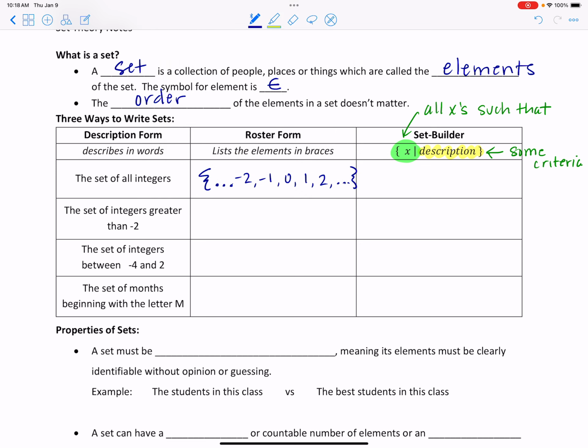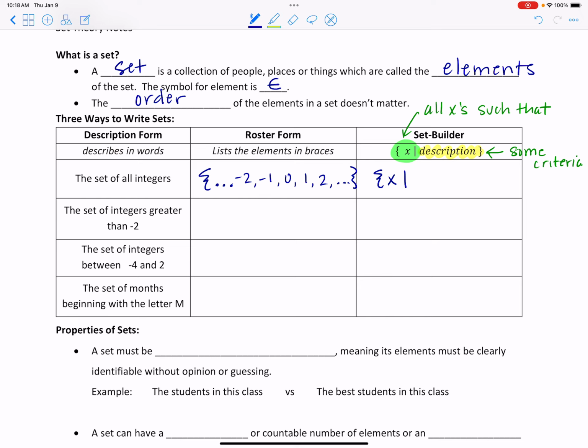So the description, we have the set of all integers. We got a roster where we sort of listed out what those look like, and now the set builder notation would be we want the set of all x's such that. So that part will never change. It will always look like that. What's going to change is the description or the criteria, the thing that is true about the numbers in that set.